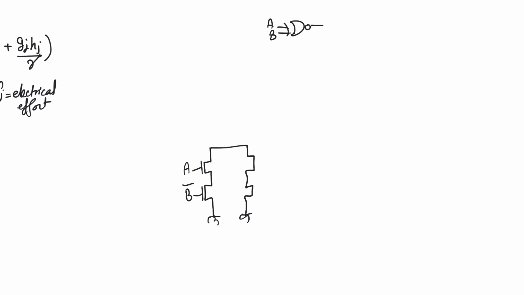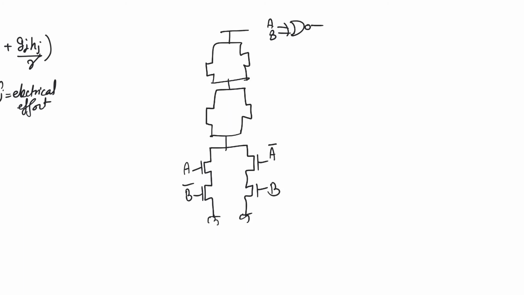Now we know that A and A bar are not independent from each other, meaning that when the input A is activated, the input A bar is also activated and vice versa. So when you want to calculate the logical effort of input A, do you calculate the logical effort of input A alone, or of input A and A bar, or what?